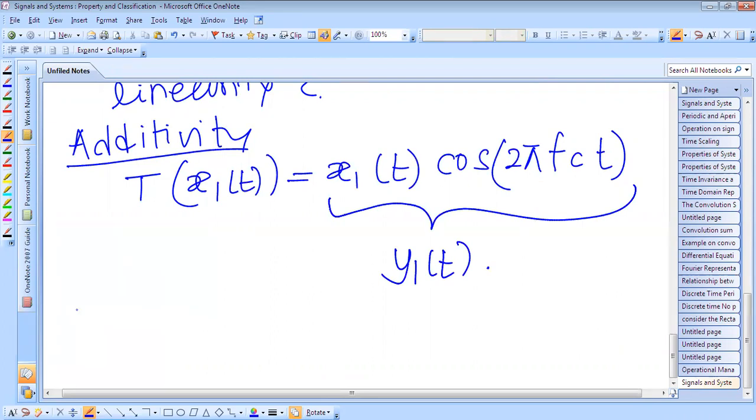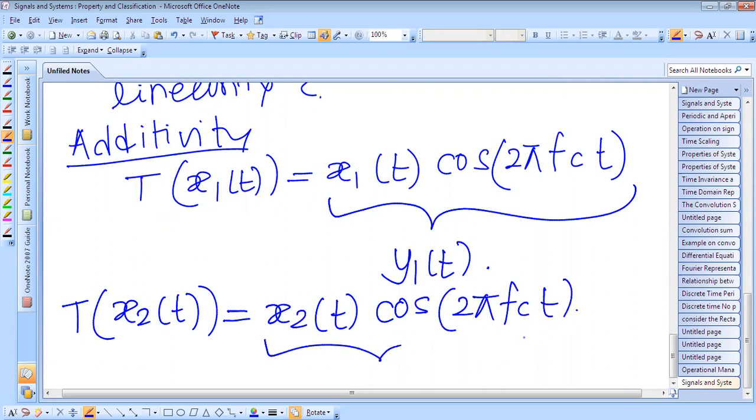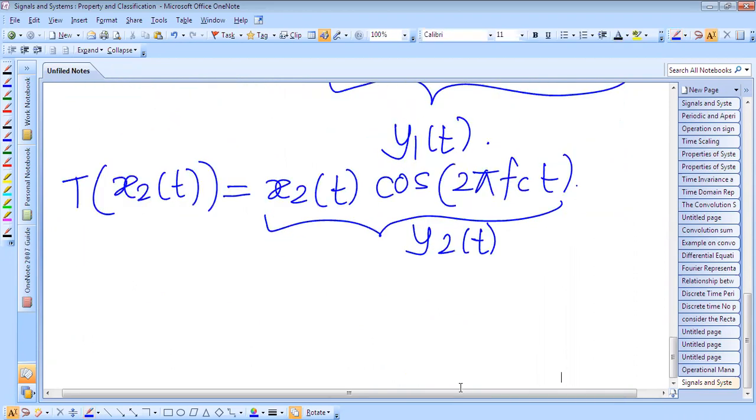Now suppose another input x2 of t, we can write x2 of t into cos of 2 pi fc t, and this is the other output y2 of t. y1 of t and y2 of t.